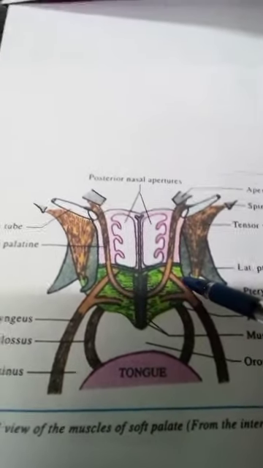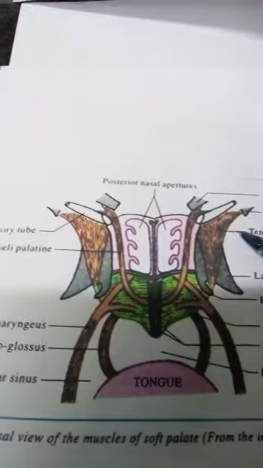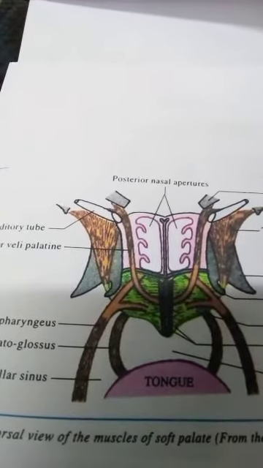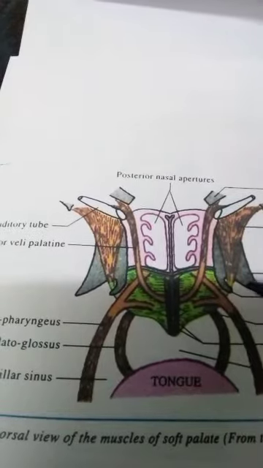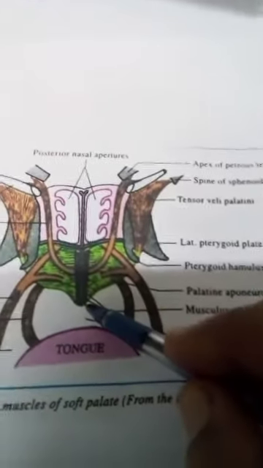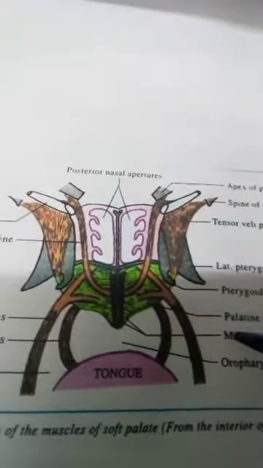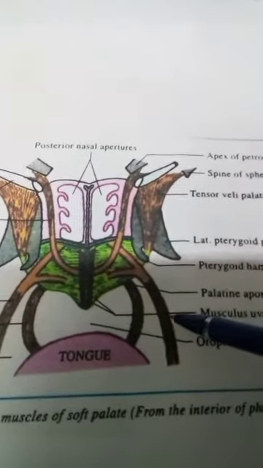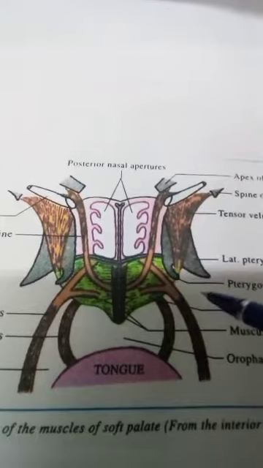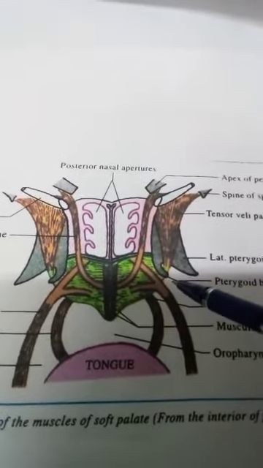What are the names of the muscles? Tensor veli palatini, levator veli palatini, musculus uvulae, palatoglossus and palatopharyngeus. So these are the muscles arranged in 5 pairs of soft palate.